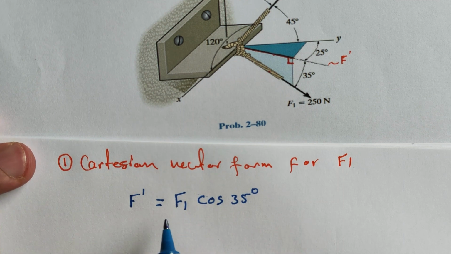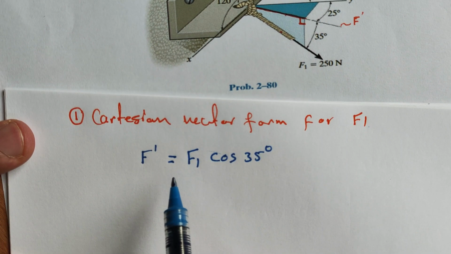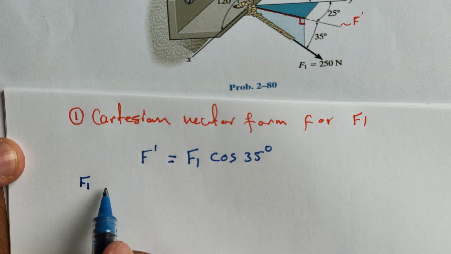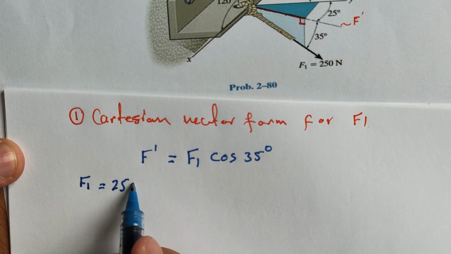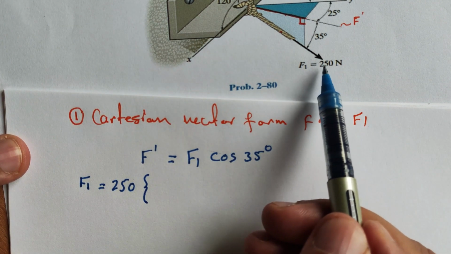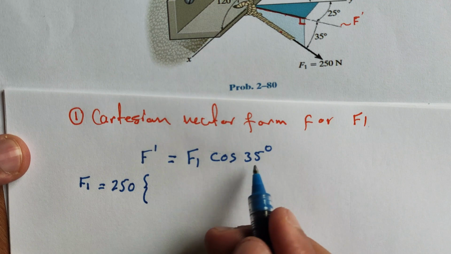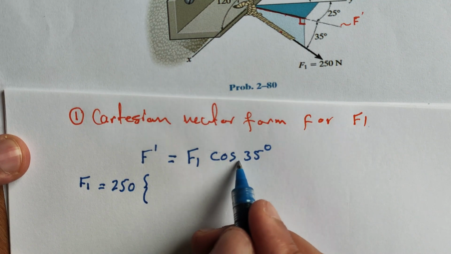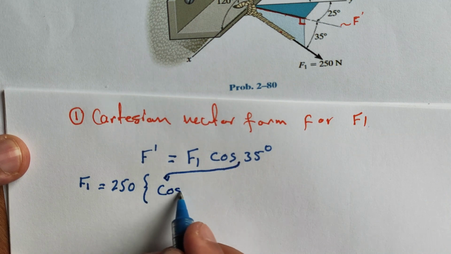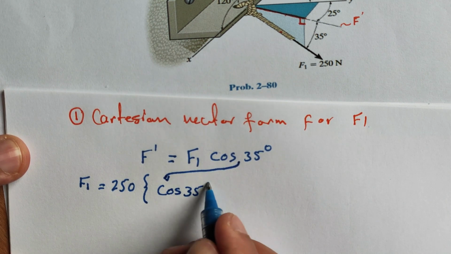Now to express F1 itself in Cartesian form, we say F1 equals 250, the magnitude, multiplied by, first, cos 35 degrees.